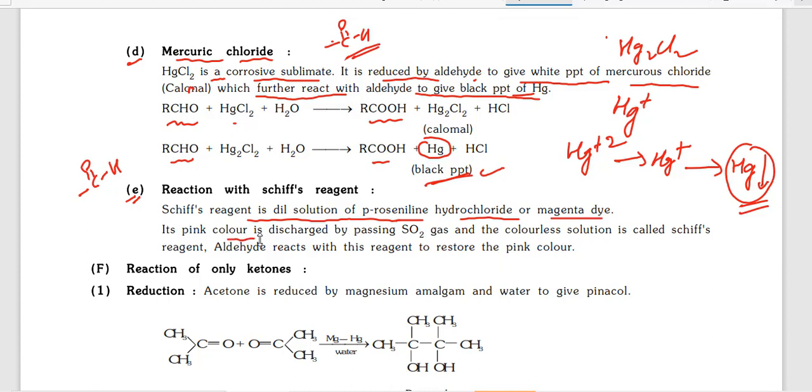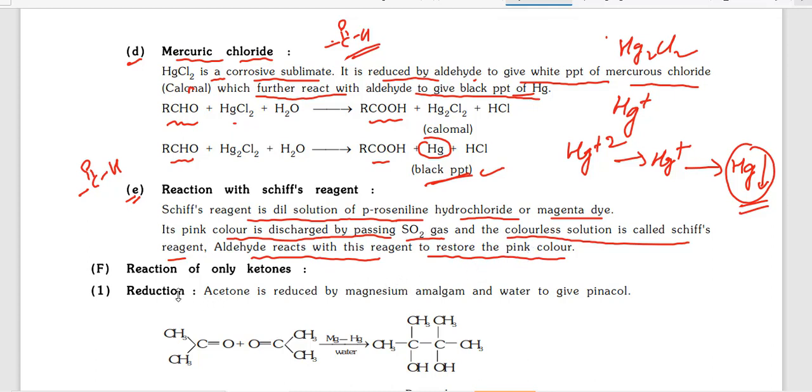Its pink color is discharged by passing sulfur dioxide gas, and the colorless solution is called Schiff's reagent. Aldehydes react with this reagent to restore the pink color. So Schiff's reagent is colorless initially, and after adding aldehydes, it turns pink.